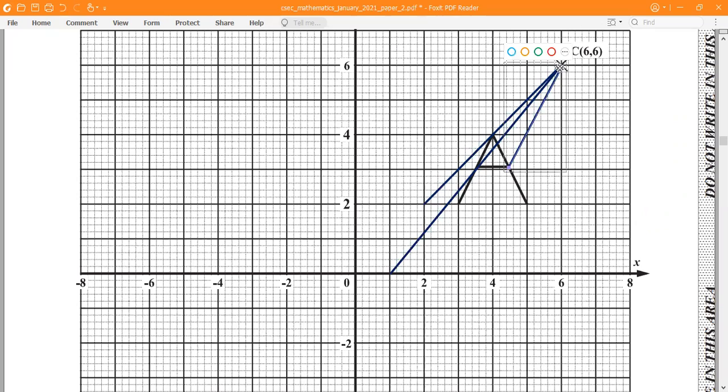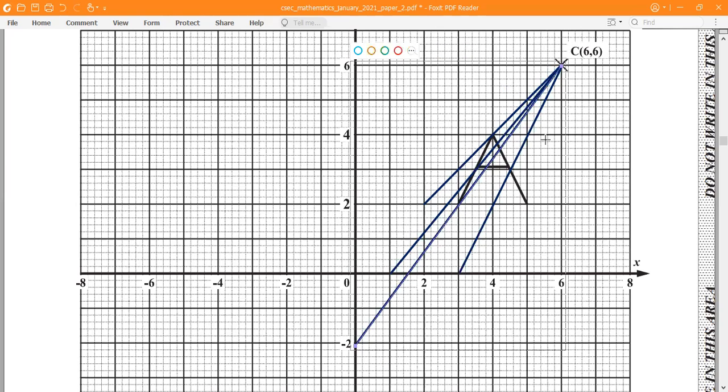The distance from the center of enlargement to the point on the image is twice as much as the distance from the center of enlargement to the point on the object, because it's an enlargement using a scale factor of 2. So we just keep drawing lines that connect the center of enlargement to each point, and we extend it twice as long.